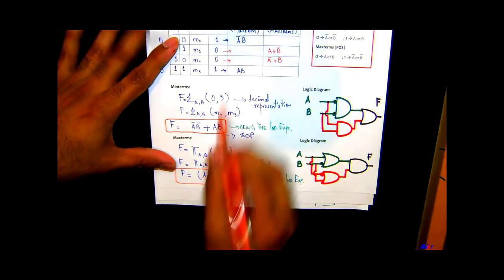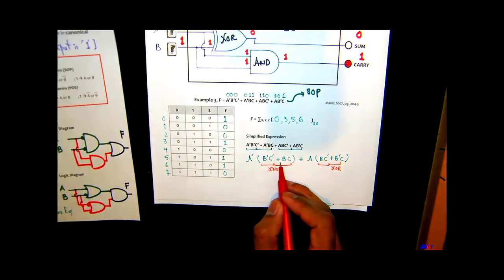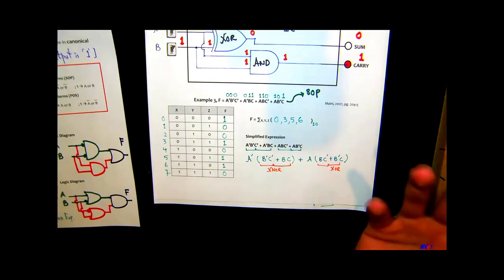If you look at the exclusive NOR example that we just did, F equals a bar b bar plus ab, right? You get b bar c bar plus bc. It's just a change of variable names, but logic is same.